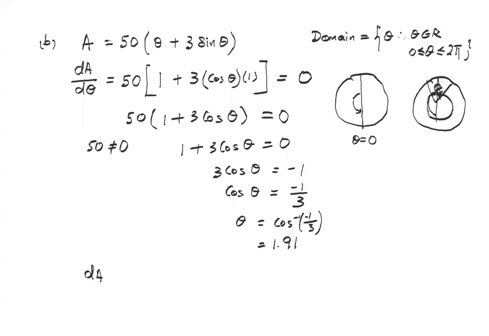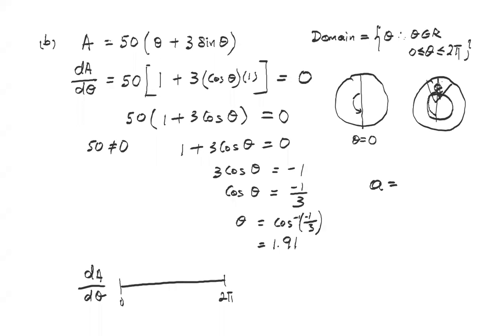So dA over d theta, the sign diagram. So 1.91. Okay, let me use this one and cos inverse 1 divided by 3. 1.23.